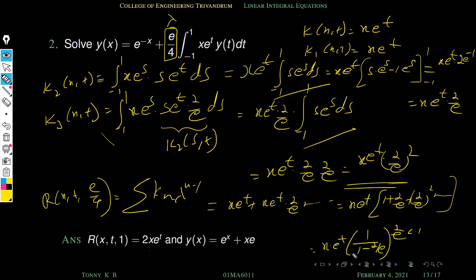Upon simplification this becomes, oh, the kernel is different now. Sorry, I think it is x e^t. Yeah, sorry, I missed the lambda.